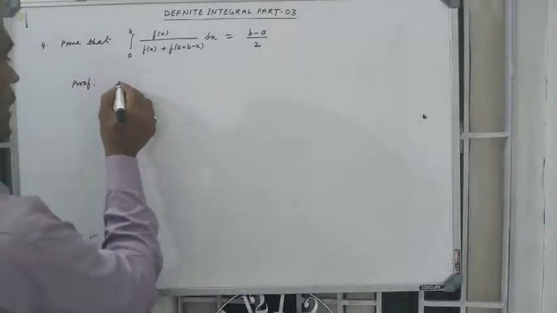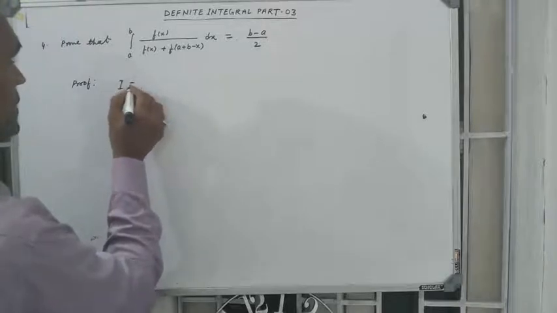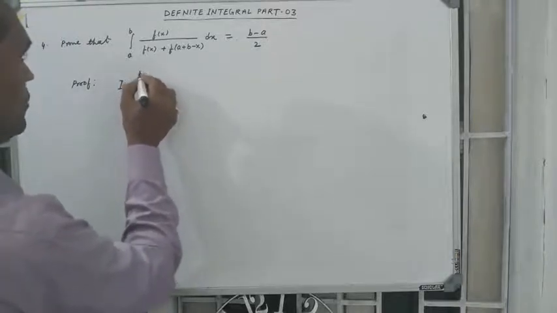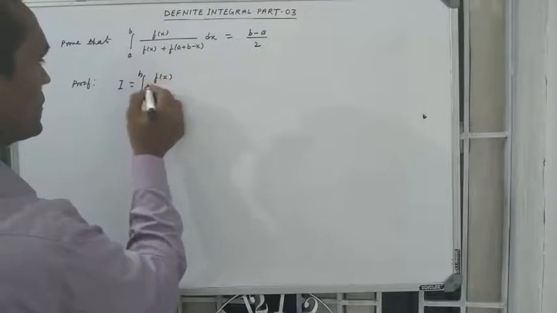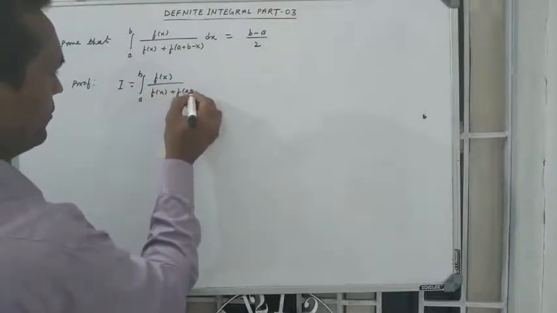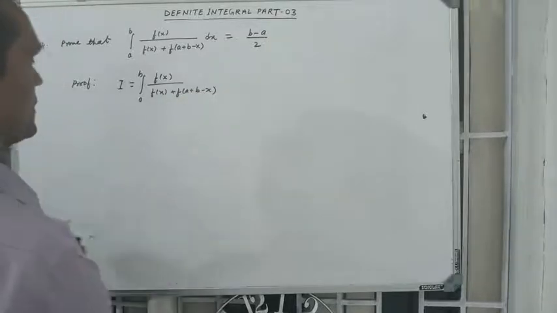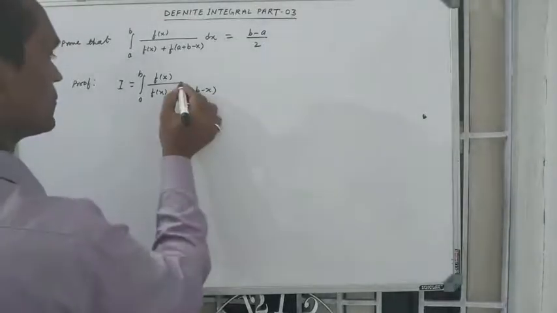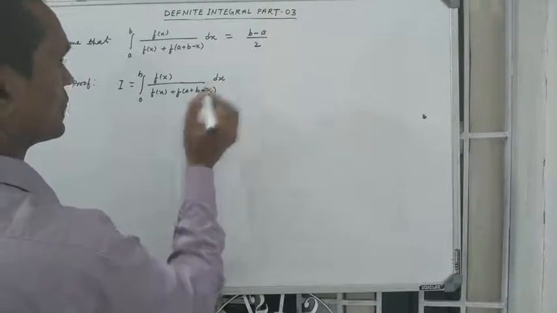So I is equal to the integral from a to b of f(x) by f(x) plus f(a plus b minus x) dx.